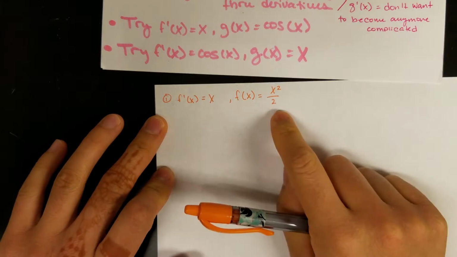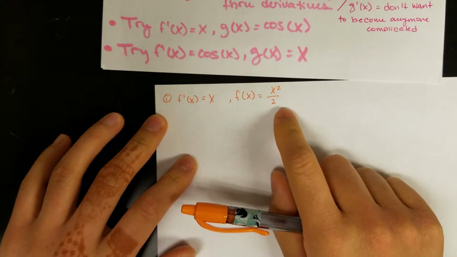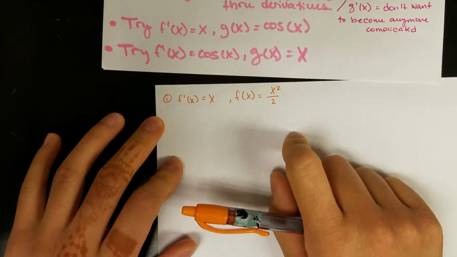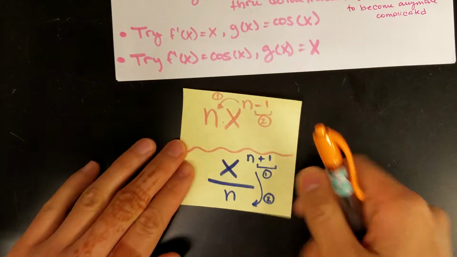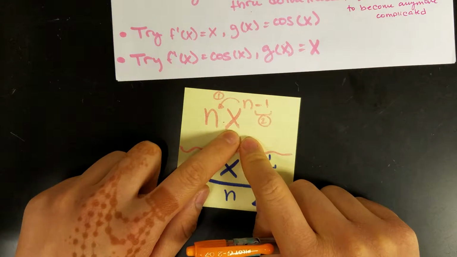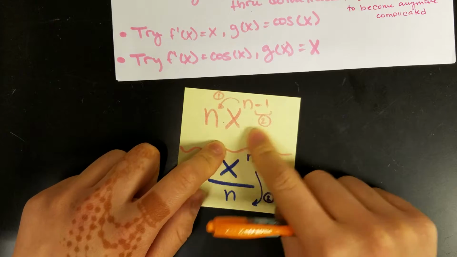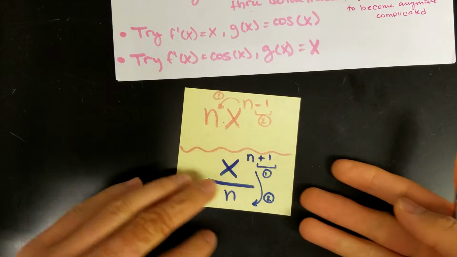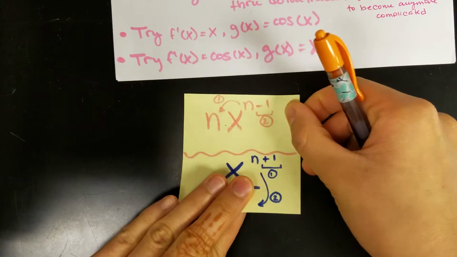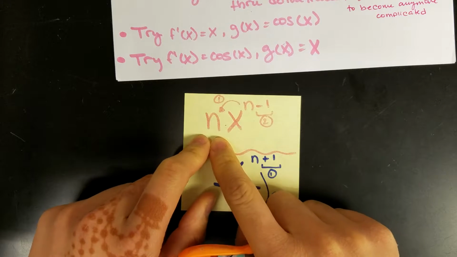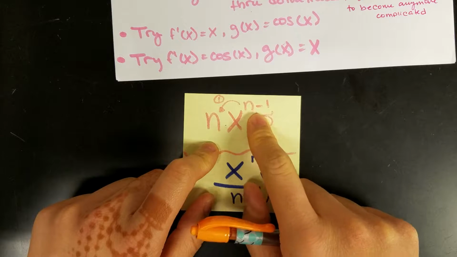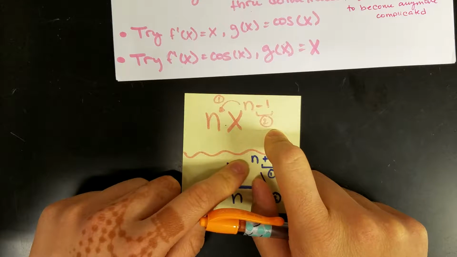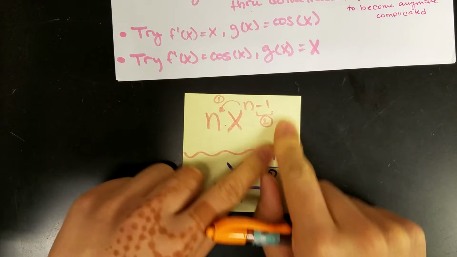This is by following the polynomial rule backwards, which is a quick reminder. When taking a derivative of x to a power, you multiply the coefficient by the exponent, and then subtract 1 from the exponent, and then that will be your derivative.